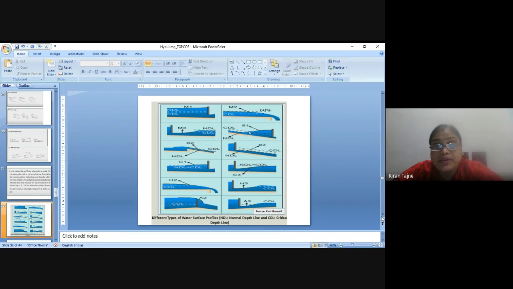For critical slope, C1 and C3 will occur, C2 will not. For horizontal slope, H1 will not occur. Similarly, for adverse slope, A1 will not occur. So these are the 12 different types of water surface profiles out of 15.